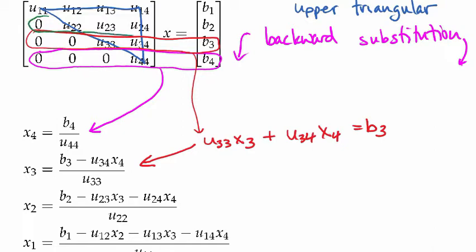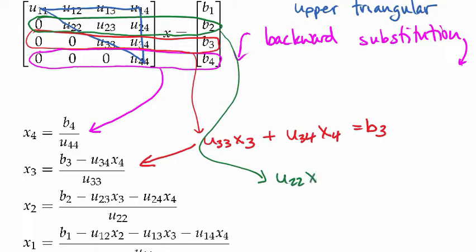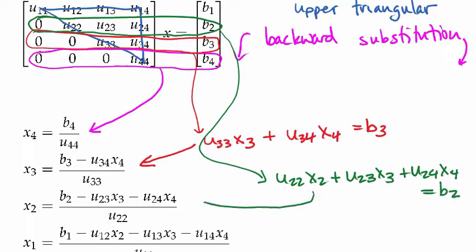Second row of the system, if we write that out, it becomes u22x2 plus u23x3 plus u24x4 equals b2. Rearrange that to solve for x2, because at this point x3 and x4 have both been found, and then we can solve for x2 and so on.